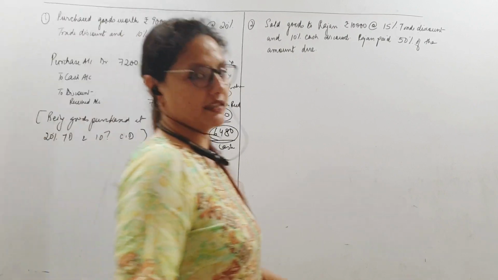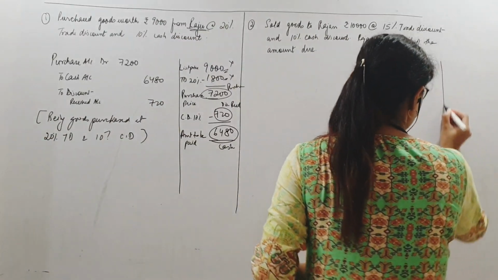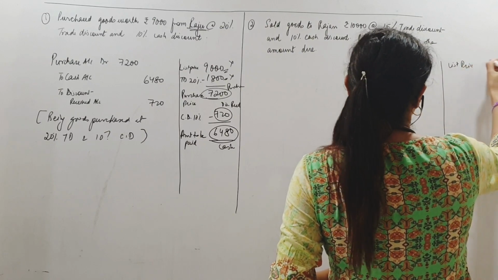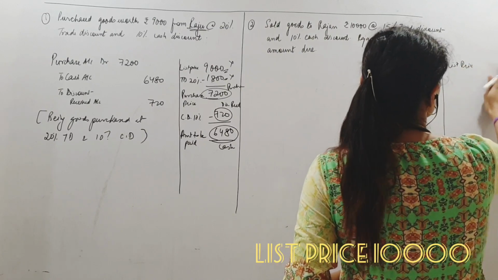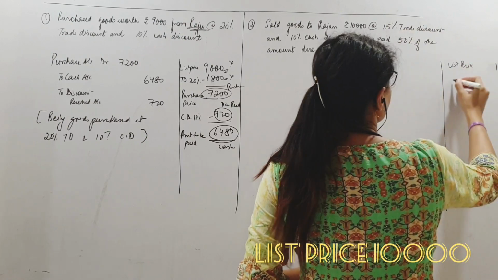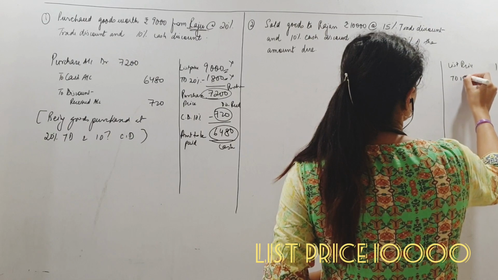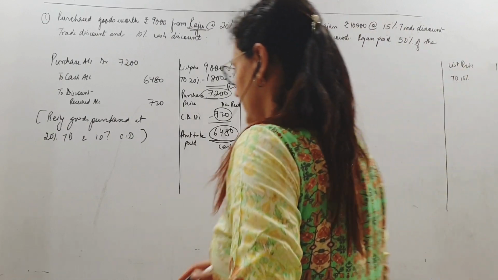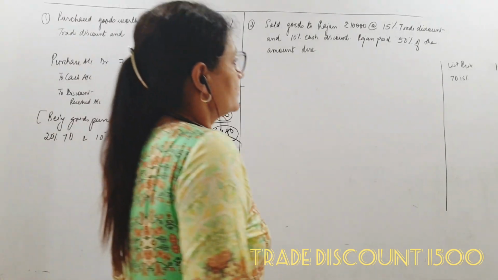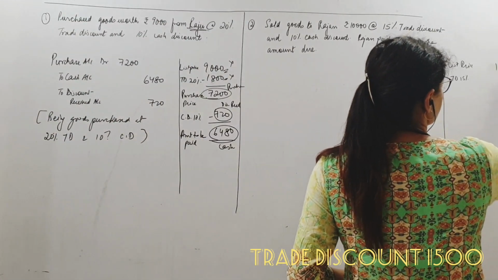Okay. So let us work it out first. So the working. This is the list price, 10,000, okay, and 15% trade discount. Then 15% of this is 1500.